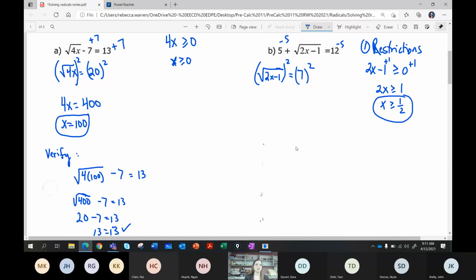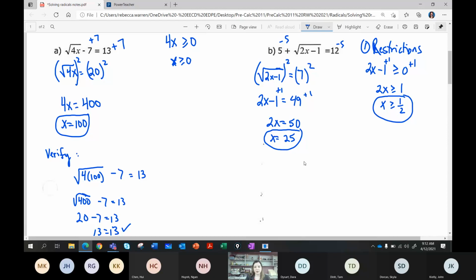By squaring it, I've eliminated the radical sign. I'm left with just what's underneath: 2x minus 1. What I do to one side, I have to do to the other. So what's 7 squared? 49. Awesome. Add 1, we get 2x equals 50. Divide by 2, we get x equals 25.